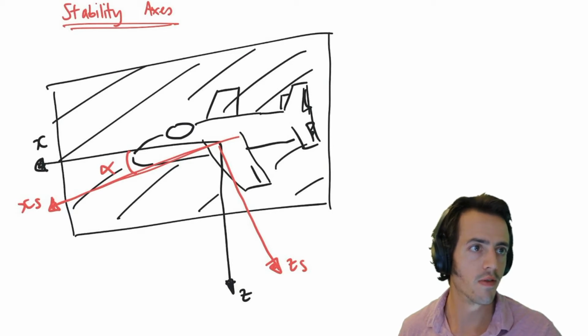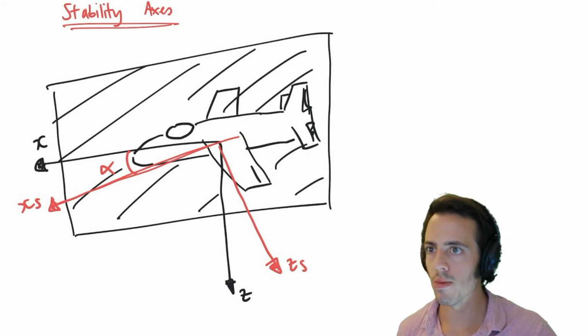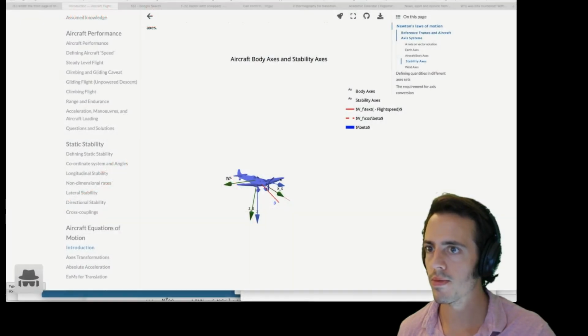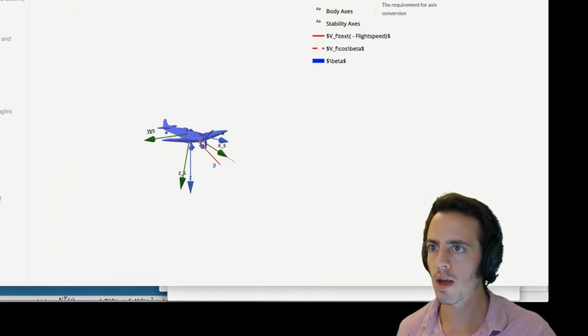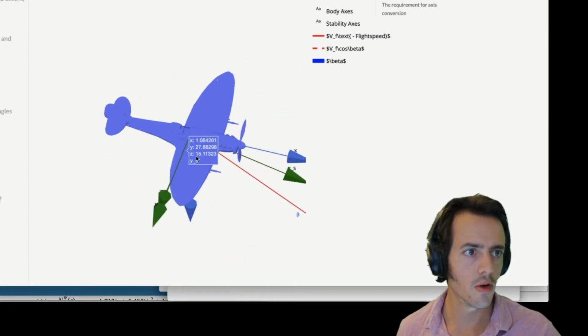Okay, it's very hard to draw this diagram in a 2D diagram. So what I've done, I've then drawn another diagram on the website. Let's just zoom in on this. Okay, so this is just related through alpha. So here we go. We can see we've got our aircraft body axes.